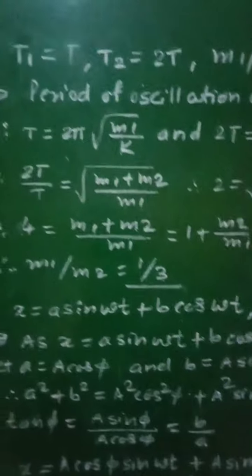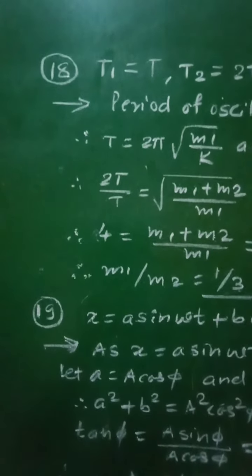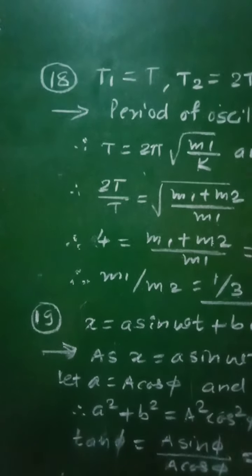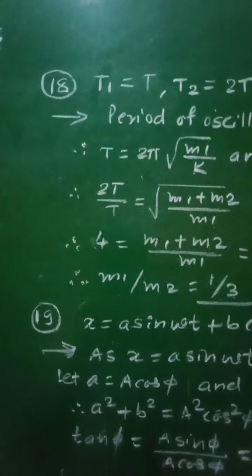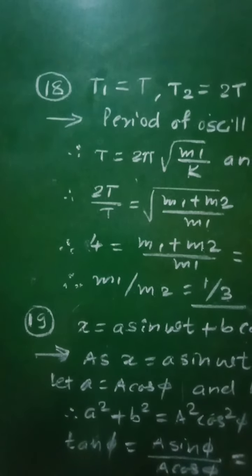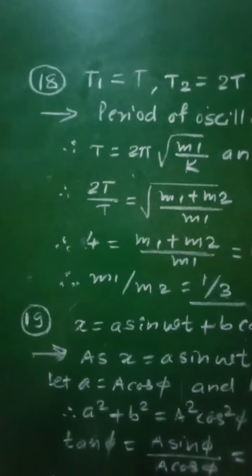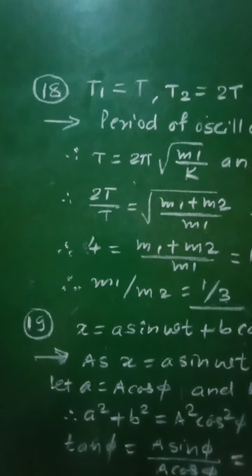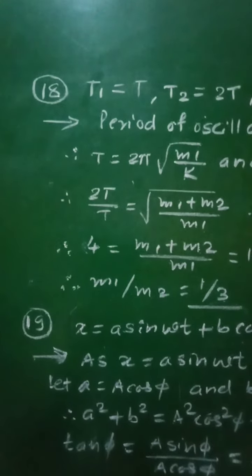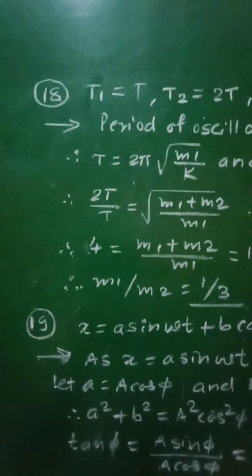And now we will go for the next numerical, numerical number 18, which is given as: the period of oscillation of a body of mass m1 suspended from a light spring is T. When a body of mass m2 is tied to the first body and the system is made to oscillate, the period is 2T.